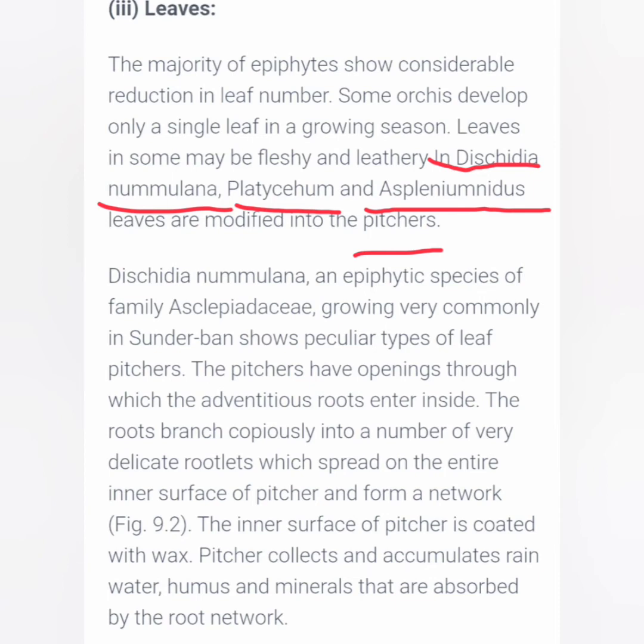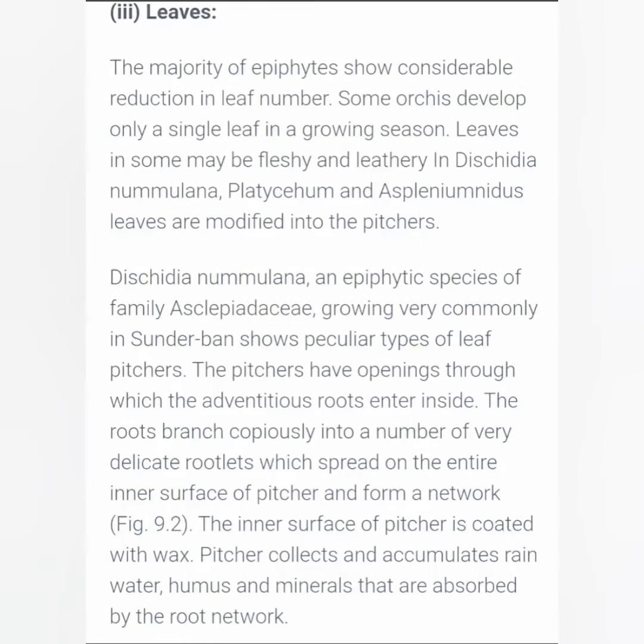Now Dischidia nummularia is an epiphytic species of the family Asclepiadaceae, and this plant grows very commonly in the Sundarban areas, and it shows a peculiar type of leaf pitcher. As you can see, the leaves of this epiphytic plant are modified into pitchers.